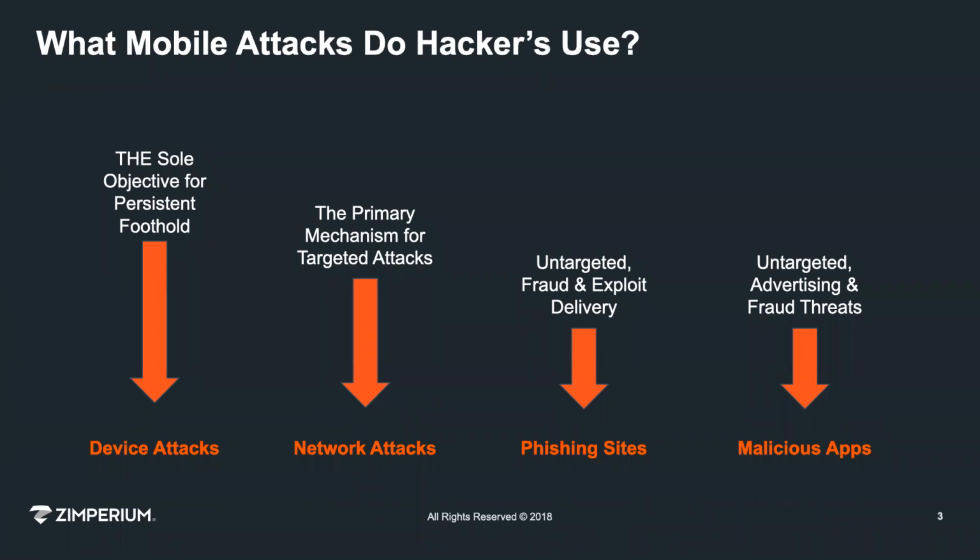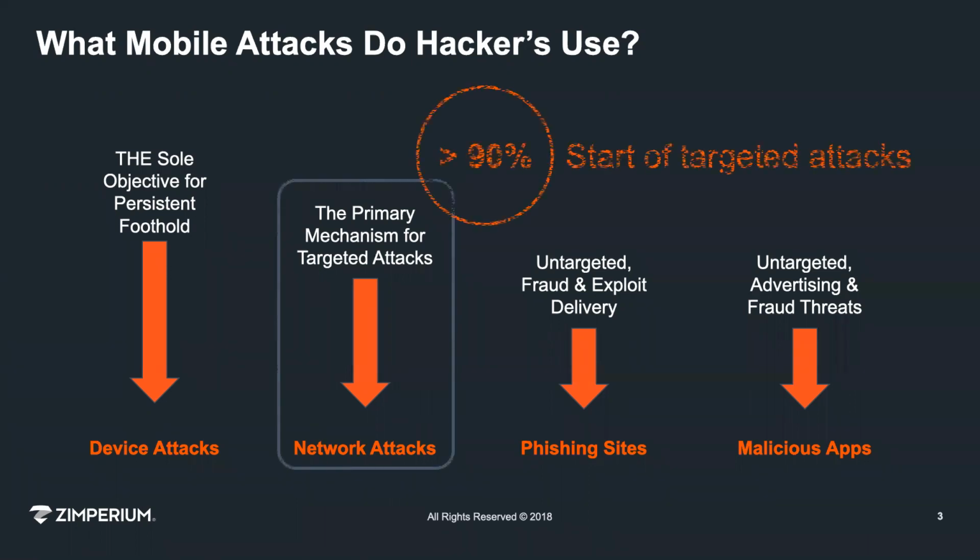But the other item that we're seeing a lot on the enterprise side is targeted attacks. This is where an attacker is specifically targeting an enterprise, be it an enterprise user or an enterprise application, to directly compromise that enterprise through any number of means. And we're seeing that 90% of those targeted attacks start on the network side in some way, shape, or form.